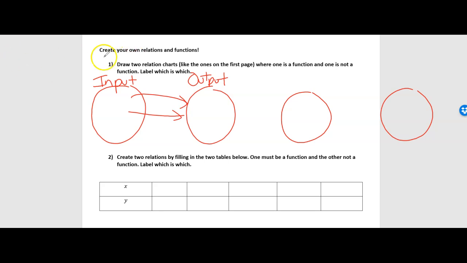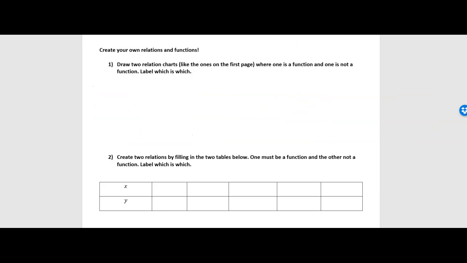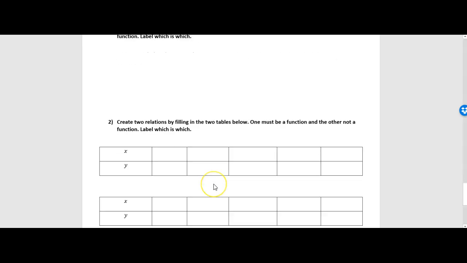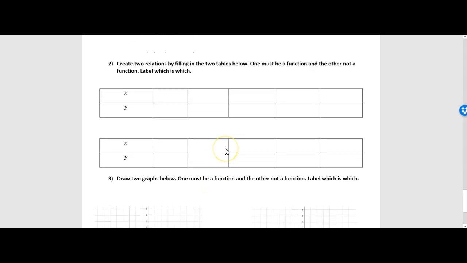So 2 things for you to do for number 1. Come up with a function in this form of a diagram and just a regular relation. For the second question, you're doing the same thing. You're going to create a function and then something that is a relation but not a function, but now we're using tables. This would be very similar to coordinates. You have your x's and your y values.